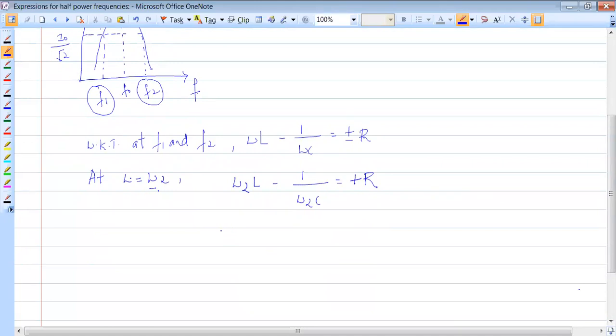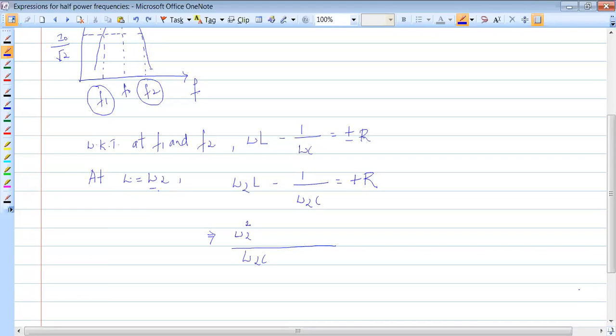What is a quadratic equation? A quadratic equation is an equation of order 2. So if you take the LCM and work on this, what would the LCM be? The LCM would be omega 2 C.